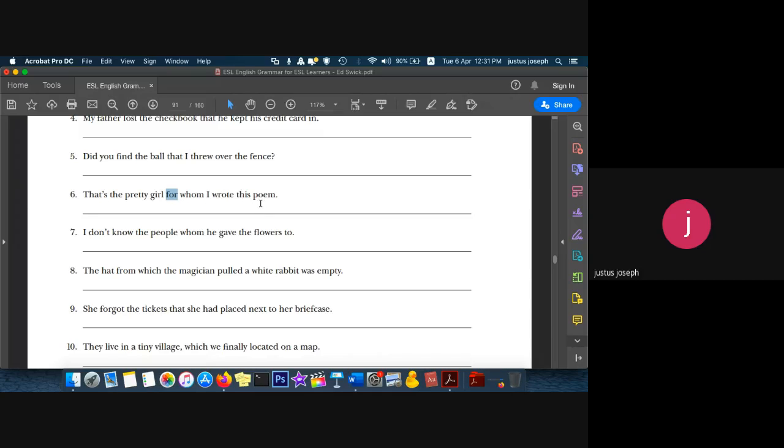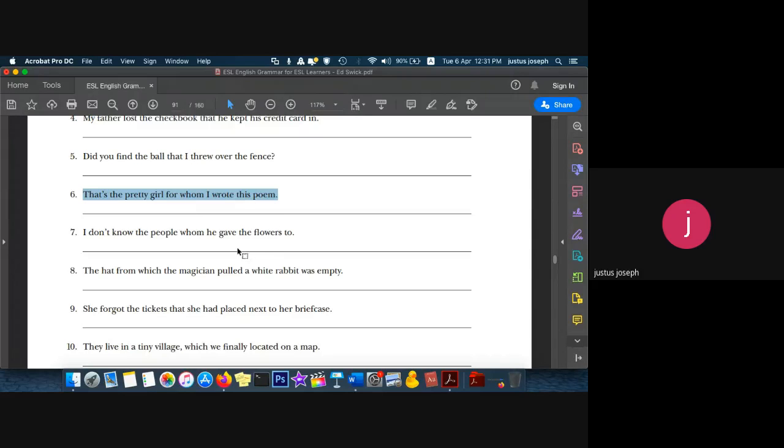But that will be wrong, right? Will that be correct? No. That will be an informal way of writing. Not wrong, but informal. We will never use an informal way of writing. So for us, in our essays, we will possibly write like this.